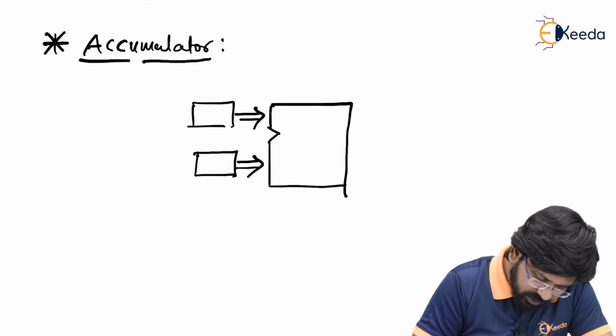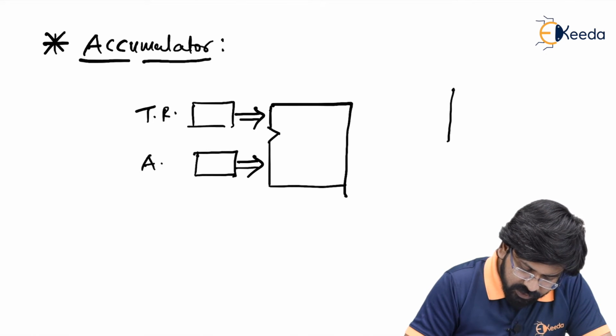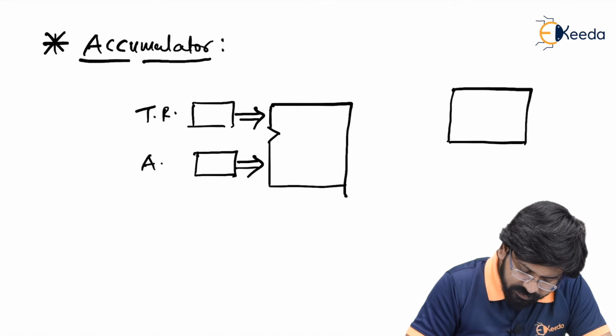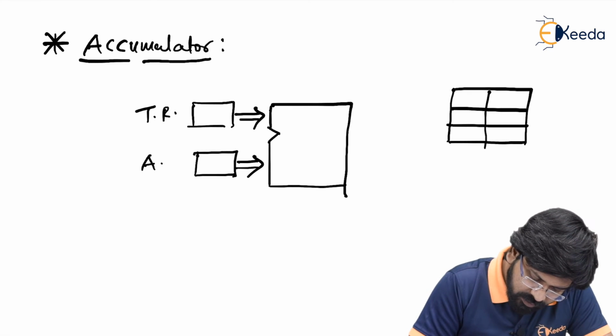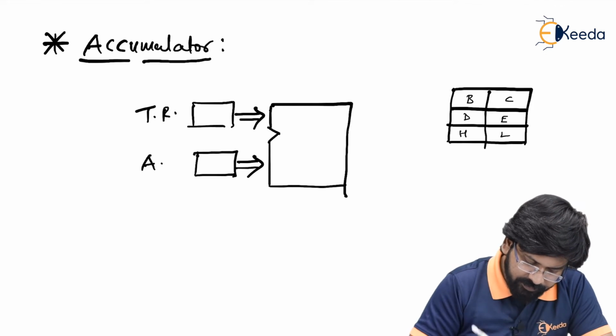One of the registers is called the temporary register, the other register is the accumulator. Then we have a general set of registers here, which are B, C, D, E, H and L.